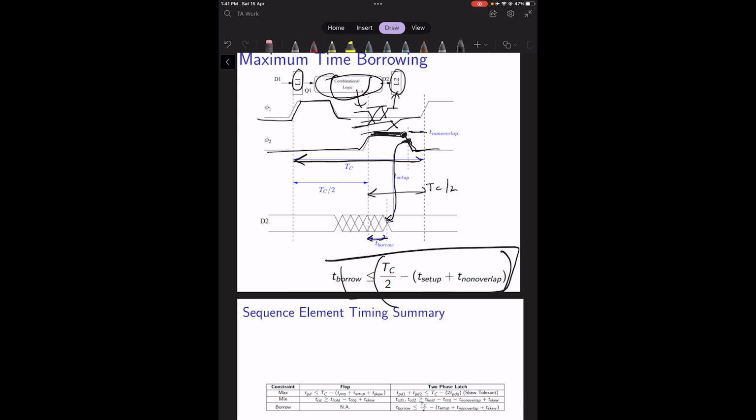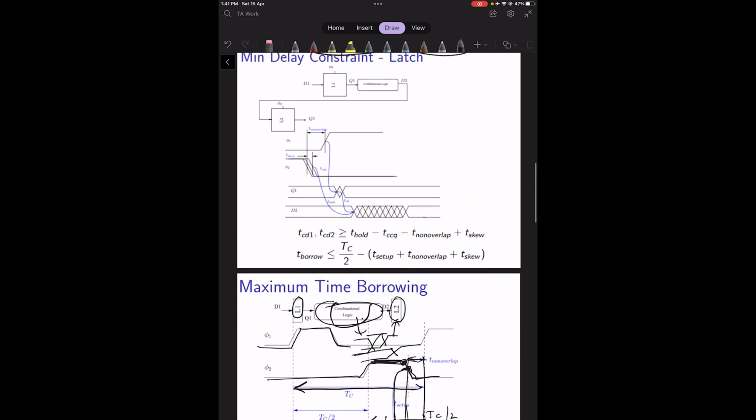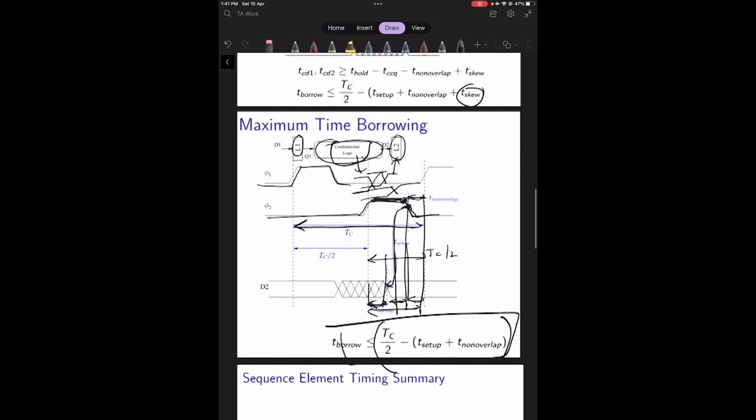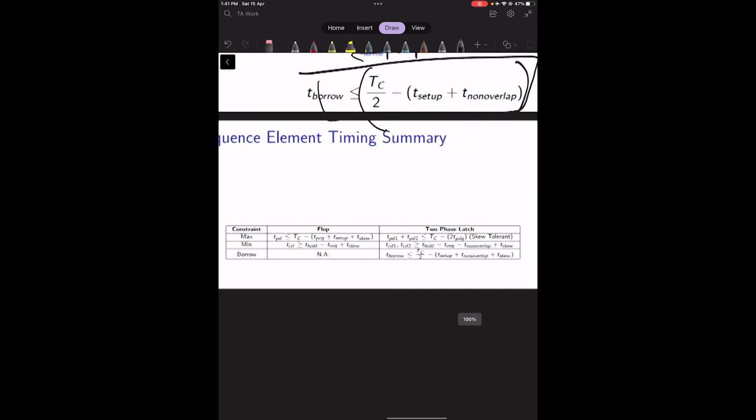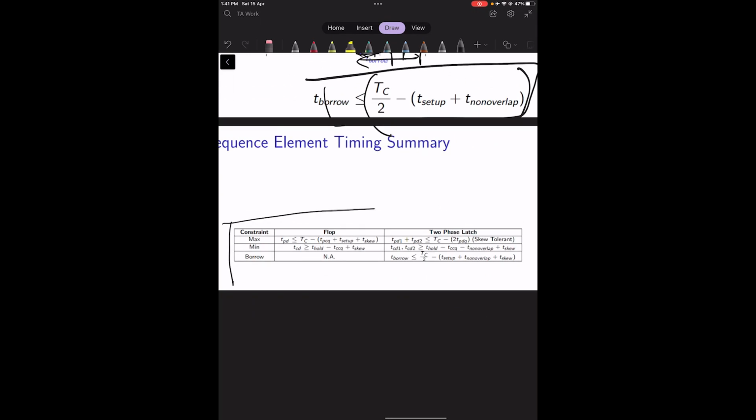Again, T non-overlap is this, where you've said this is TC by 2, this is time borrow, this is T setup, and this is T non-overlap, right? Now when you factor in the skew, obviously you will have to add the skew term here. Hence finally these are the expressions for max min constraints as well as the time borrowing constraints.